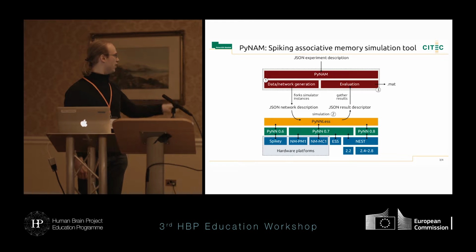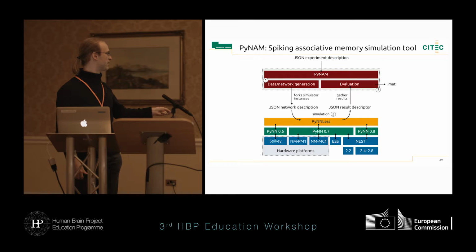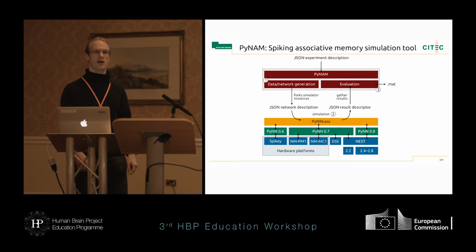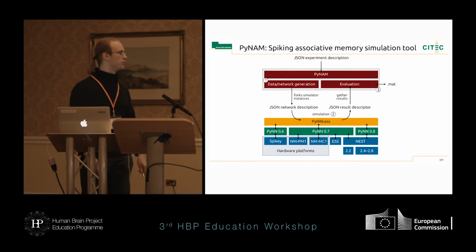Then we have the emulator for NMPM1, which is the ESS, and also the software simulator NEST, which I use as a reference model, to compare the hardware platforms against the software simulation on NEST.